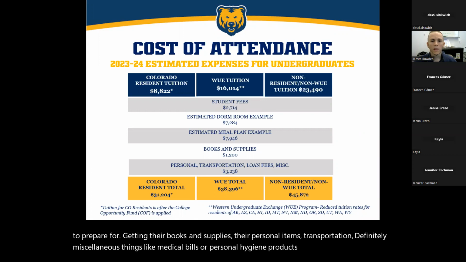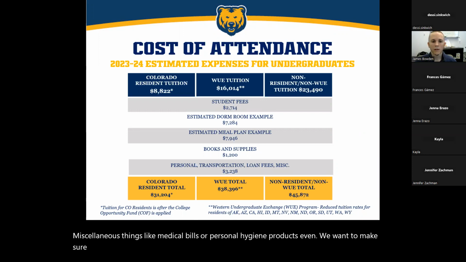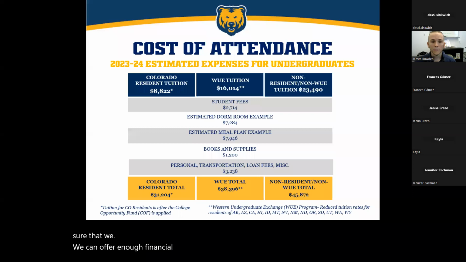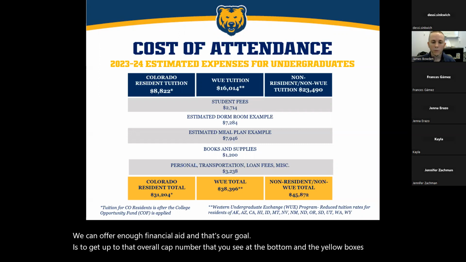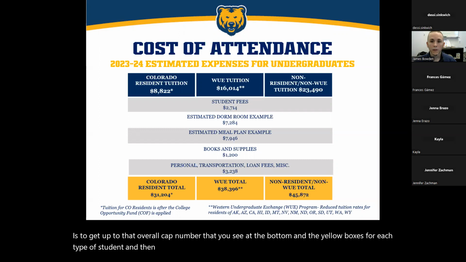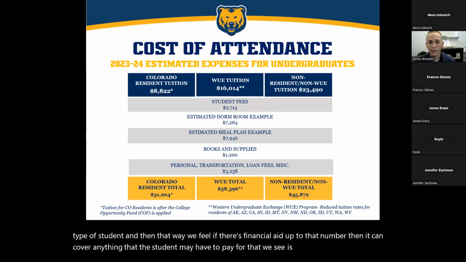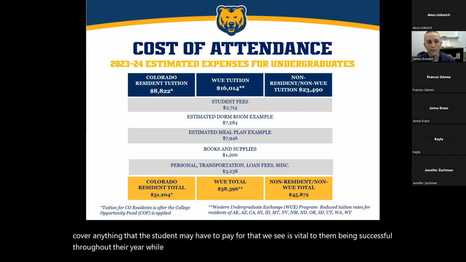We want to make sure that we can offer enough financial aid, and our goal is to get up to that overall cap number that you see at the bottom in the yellow boxes for each type of student. That way, if there's financial aid up to that number, it can cover anything that the student may have to pay for that we see as vital to them being successful throughout their year while being enrolled at UNC.